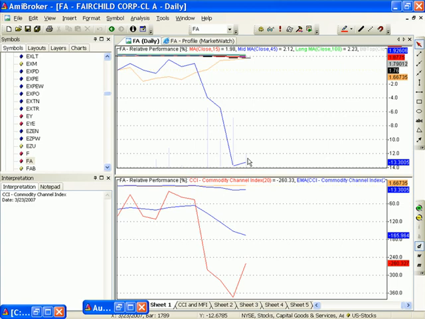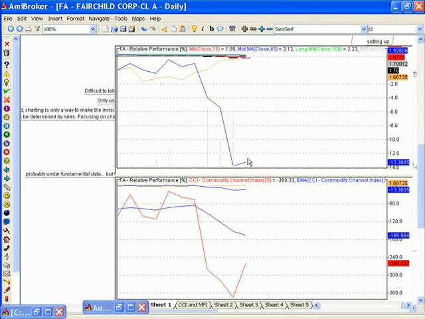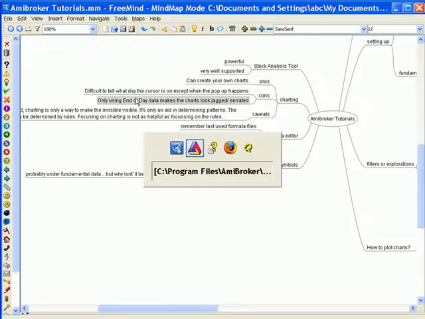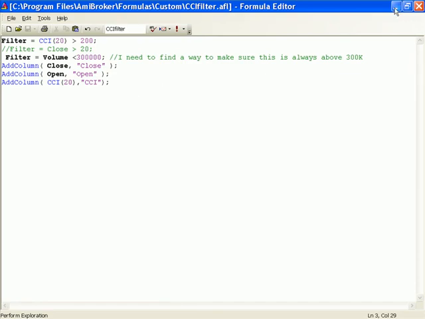Okay, again, I don't know why this. Let's take a look at this code again. Volume has to be over 300,000. But here, you have to click again. What's the auto key for minimizing, people?